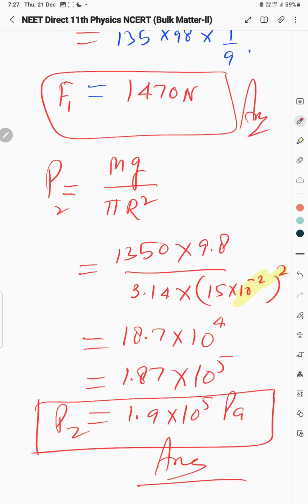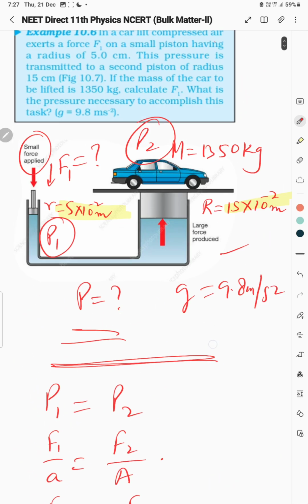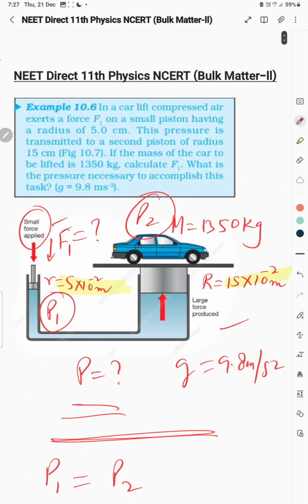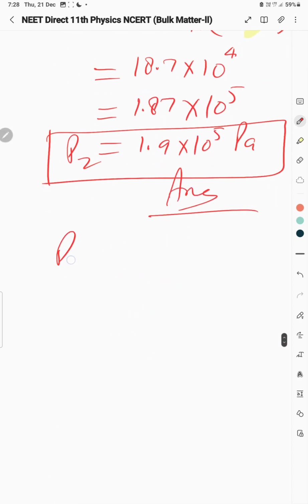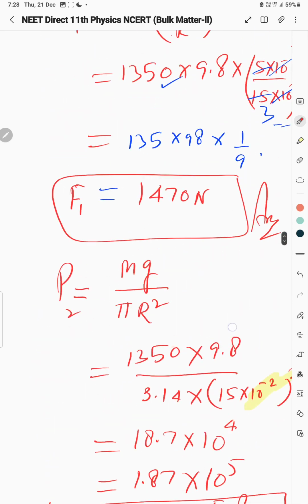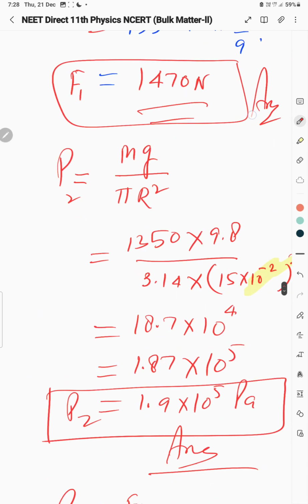This is the pressure due to the car. Now what's the pressure required to push the car, to lift the car? That will be pressure P1. Pressure P1 is force F1 by area. F1 force we just calculated a couple of minutes ago, 1470.